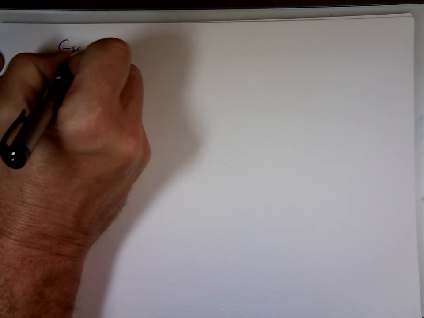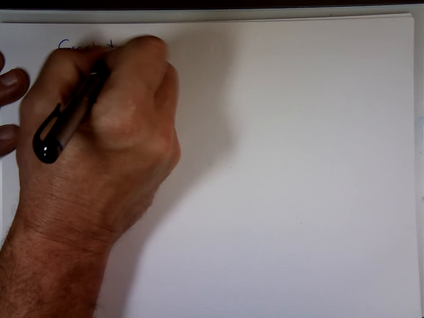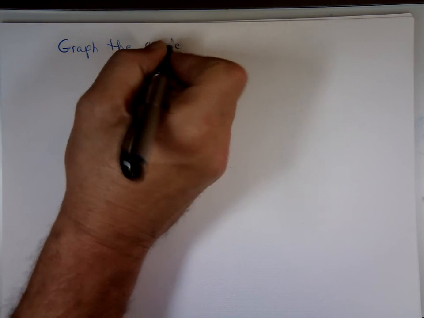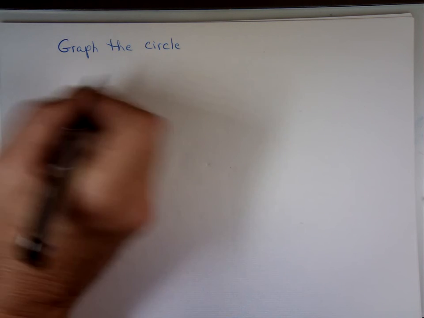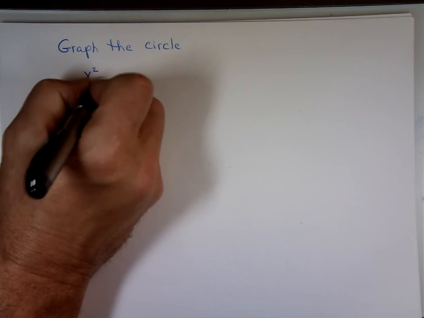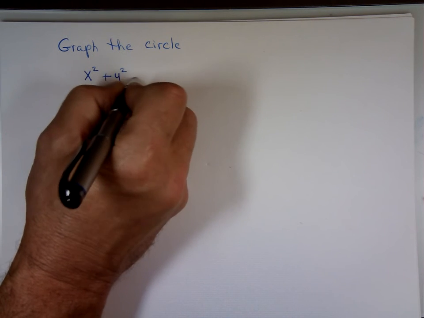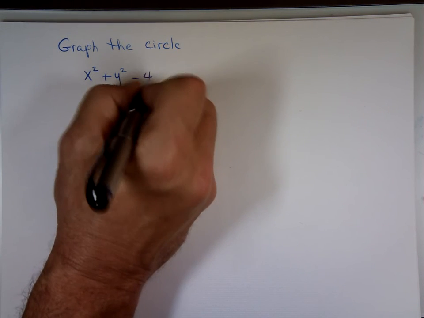Same thing. Graph the circle. And my circle is x squared plus y squared minus 4x minus 5 is equal to 0.